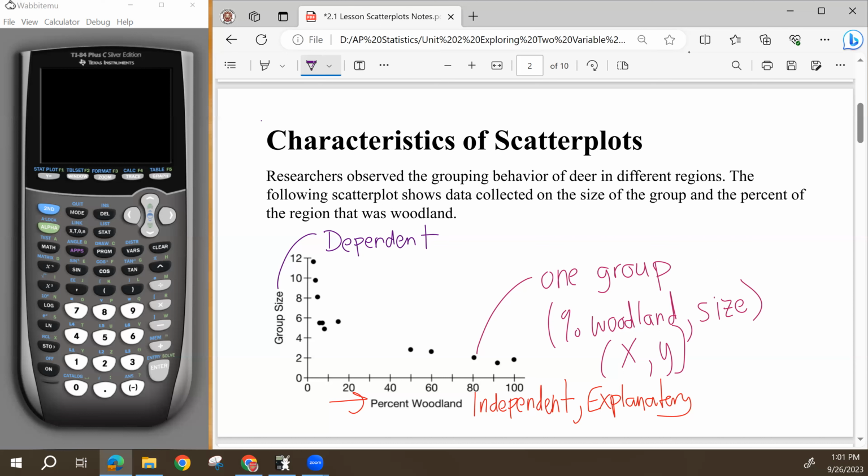Alternatively, we could call it a response. We are trying to see in this scenario if there is some relationship between the percent of woodlands in a region and the size of a group of deer that we might observe.